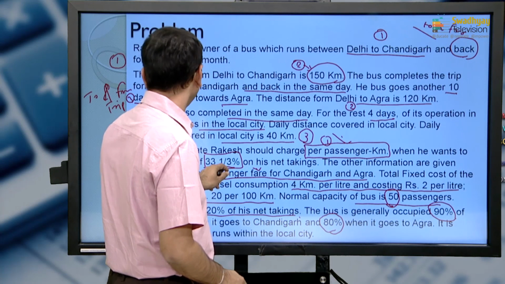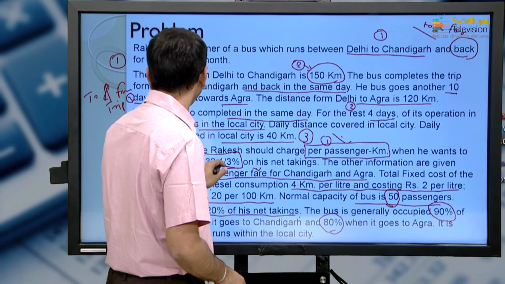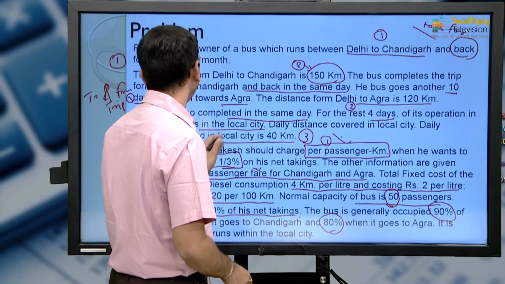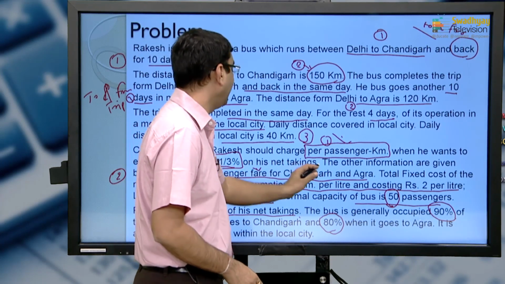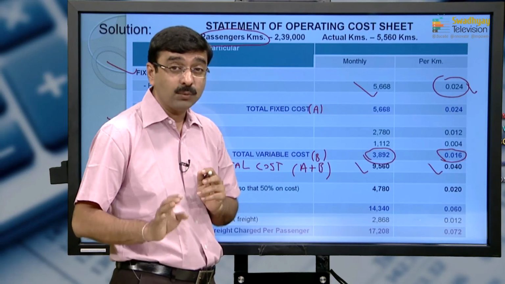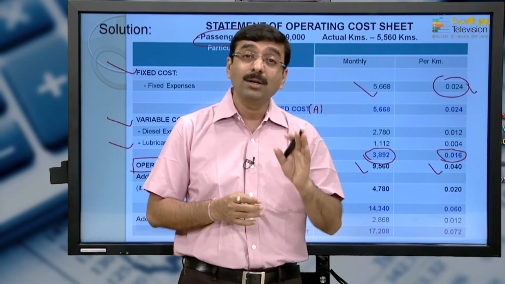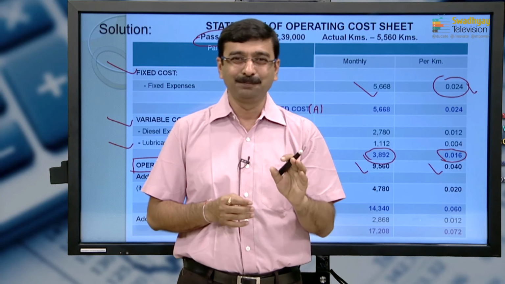Here it is mentioned the person wanted to charge the profit 33% or 33 1/3% on his net takings. That means on his net takings, this is a very important word. On his net takings, it means that is a charge on sales price.